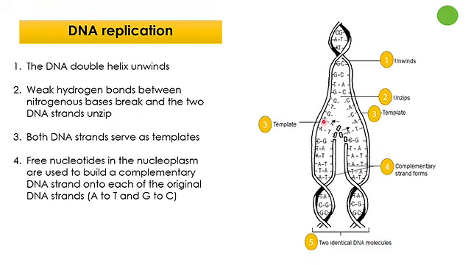So for instance, there we can see the template had a T on it, so the DNA nucleotide that has to come in has to be an A. Here we've got an A, so the nucleotide that comes in has to be a T. There we've got a C, so then the nucleotide has to be a G. So eventually we build this complementary strand onto our DNA, and we actually have to indicate how they bind.